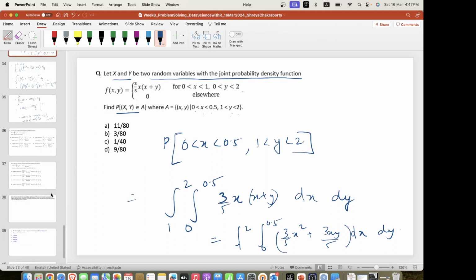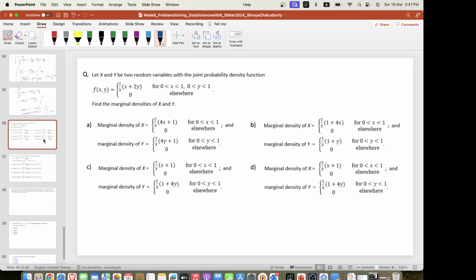Now if we want something like this, here again the same thing: X and Y are two random variables with the joint probability distribution this, find marginal densities of fX and fY. So fX(x) would be integration over y of f(x,y), whatever is the range.